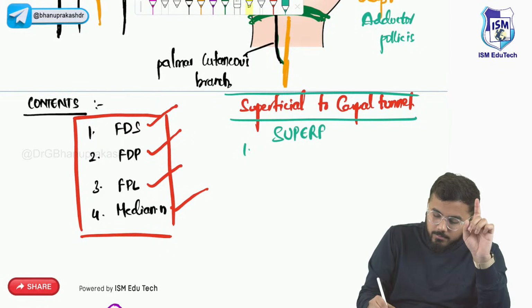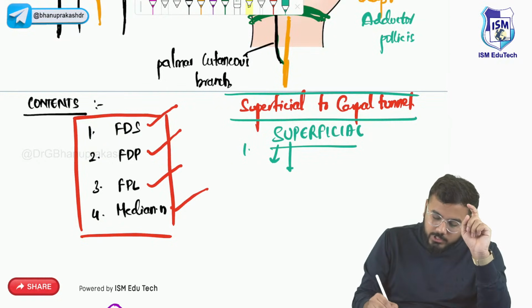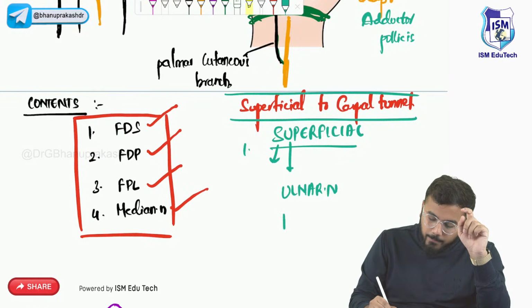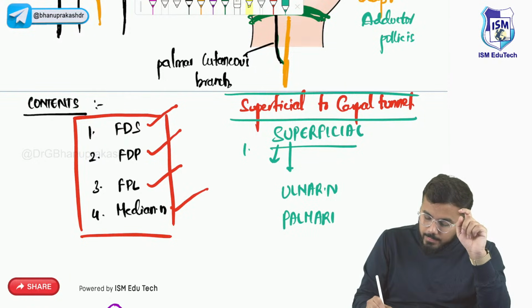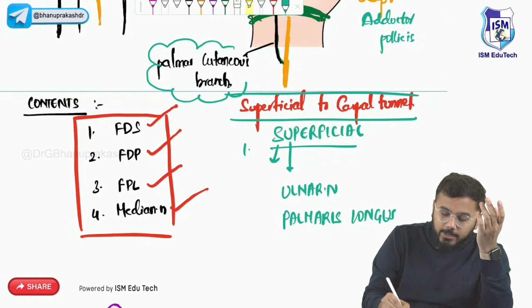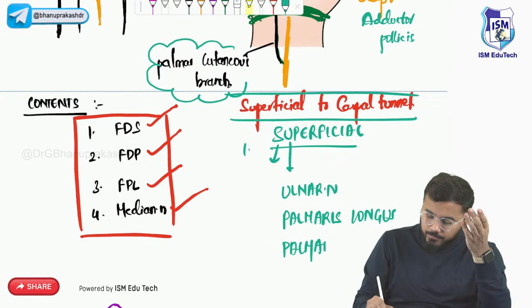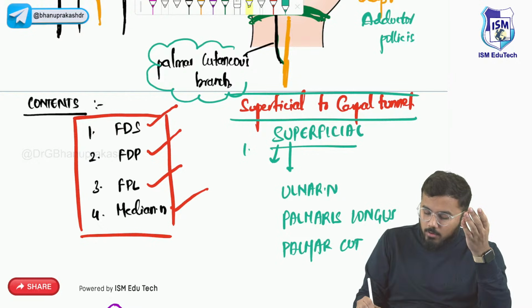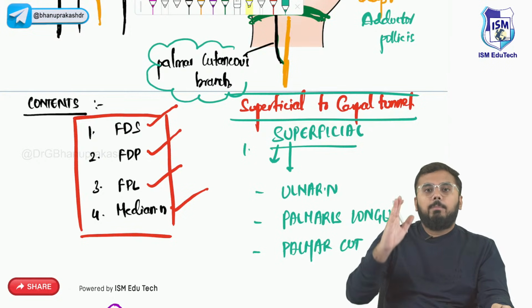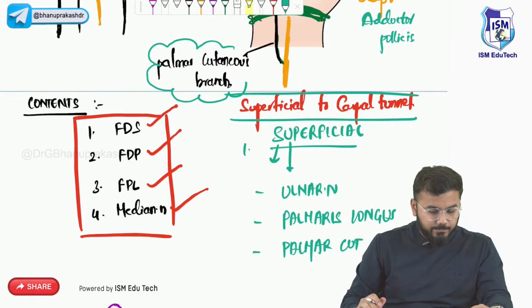Superficial to the carpal tunnel: S stands for superficial, U stands for ulnar nerve, and P stands for palmaris longus. And obviously you should not forget the third one, the palmar cutaneous branch of your median nerve. So these are the 3 structures that are passing superficial to your flexor retinaculum. Is everyone clear with this?